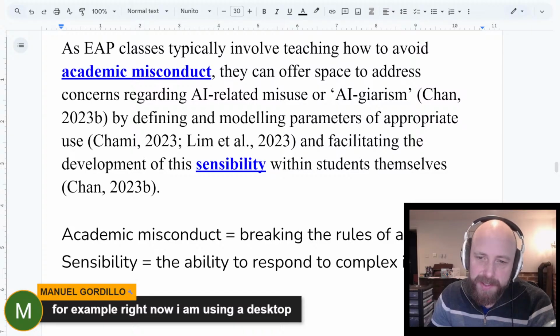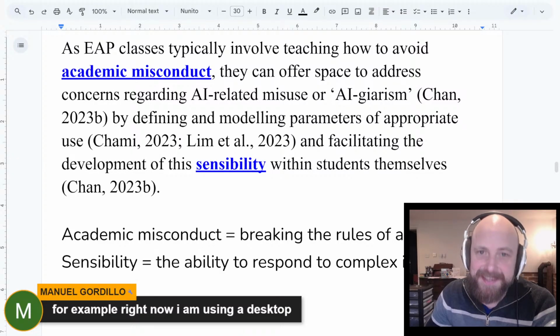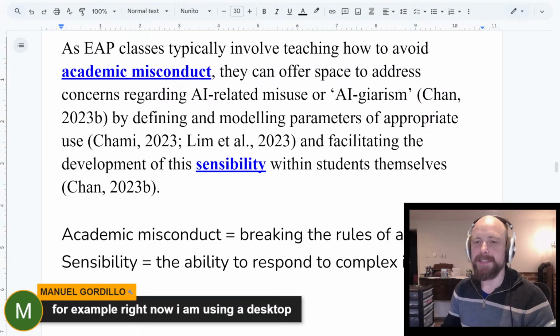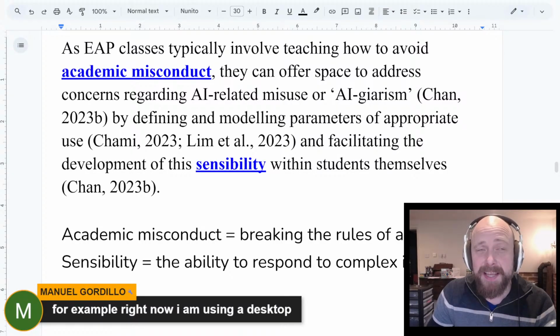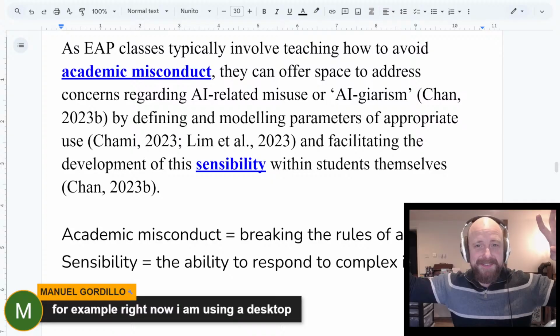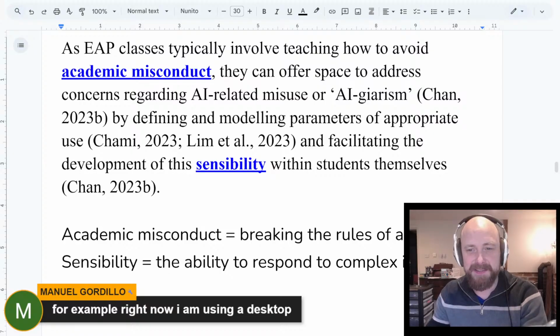But here we're talking about a different kind of sensibility, something like AI-related sense, right? So you're developing that sense, and that's a sensibility. You can kind of think of it as being like a cross between sense and ability, right? So it's like you have an ability and you have a sense, and put those together and you get a sensibility.